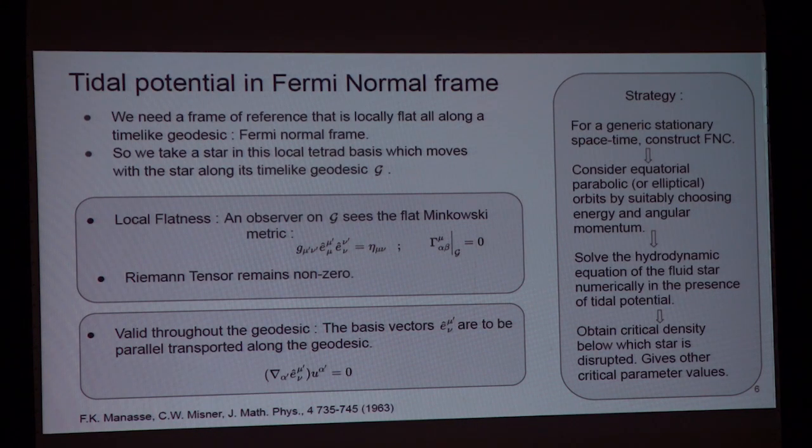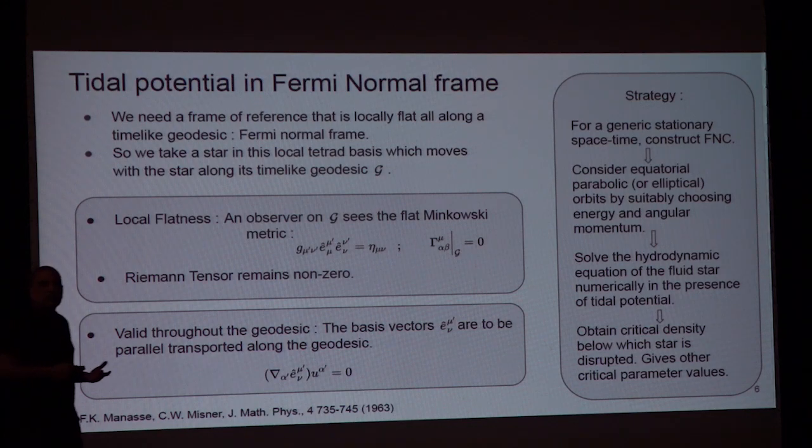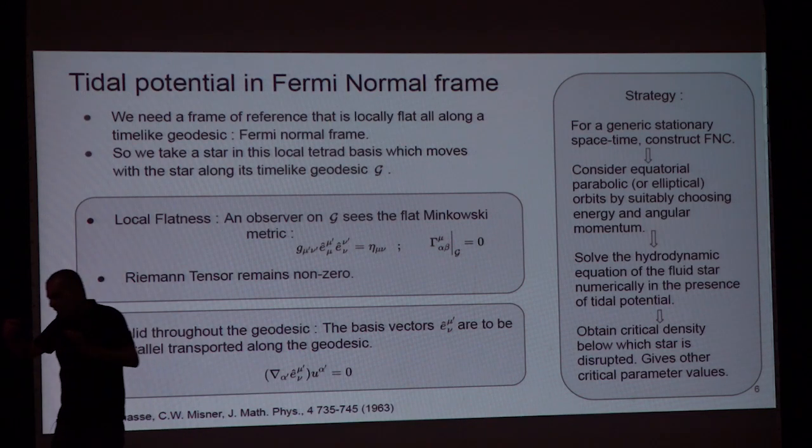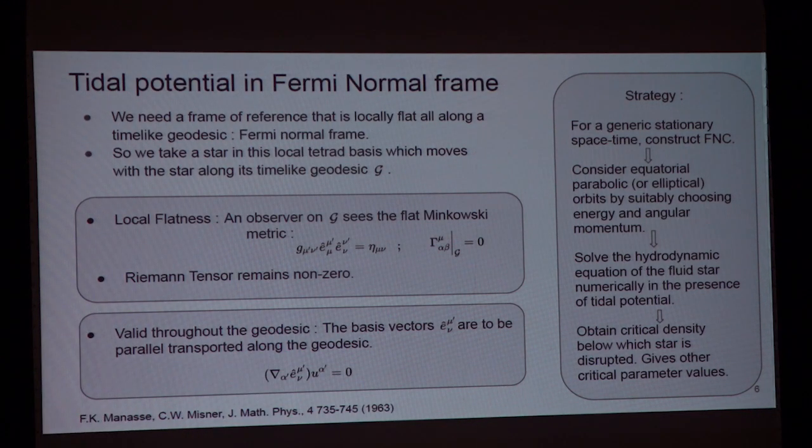Remember that we are really bound by the fact that this is an analytical computation, and I need to choose an orbit over which, at each point of time, I require hydrodynamic equilibrium in the star. So we consider some given orbit, maybe equatorial, if you are in a Schwarzschild background the equatorial plane is good enough, by suitably choosing energy and angular momentum.